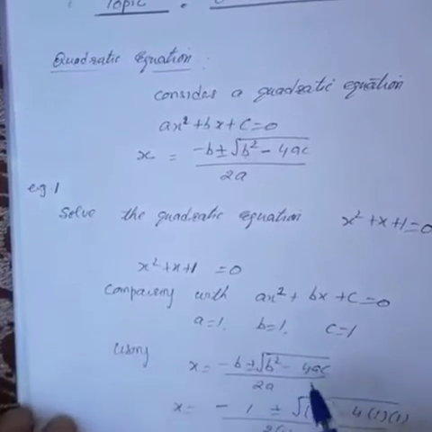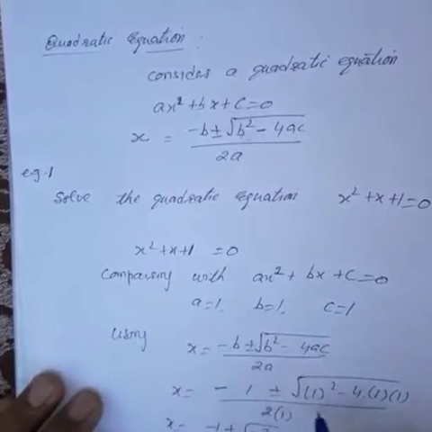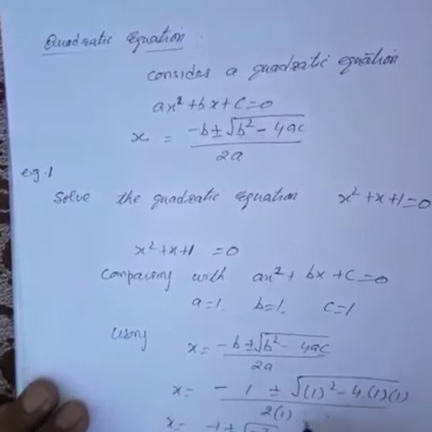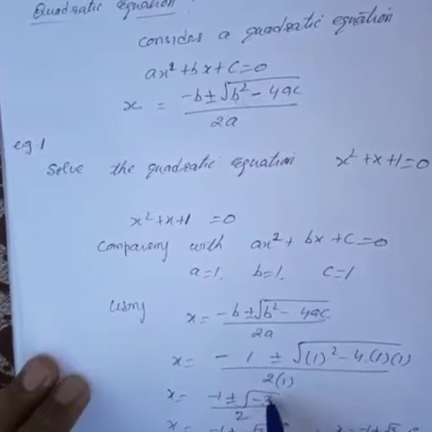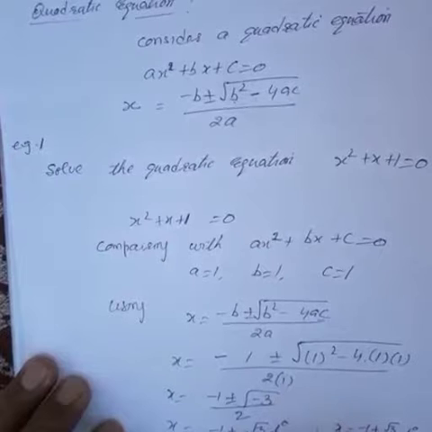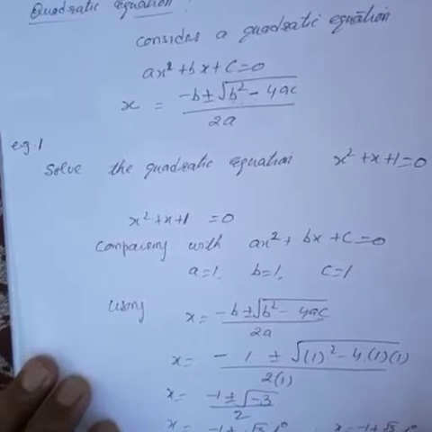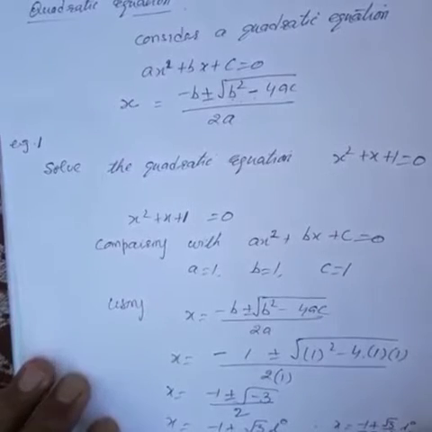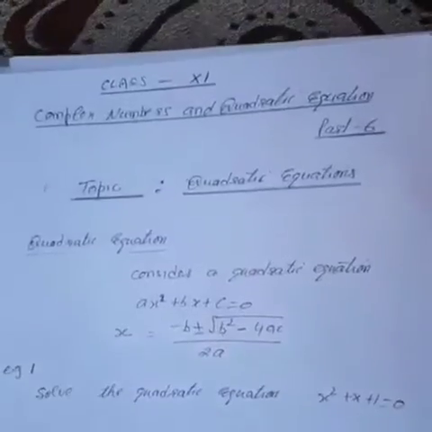So using this formula, you calculate x, you put the values: minus 1, after calculation, it will be under root minus 3. Now this is an imaginary value, so write in the form of iota. So root 3 iota. So it means values of x are minus 1 upon 2 plus minus root 3 upon 2 iota. So these are the required values of x. I hope it is clear.